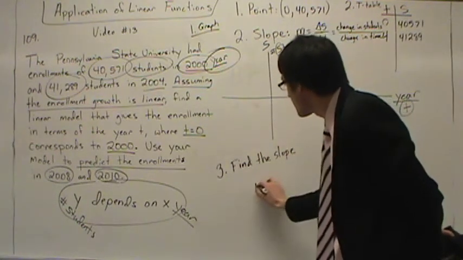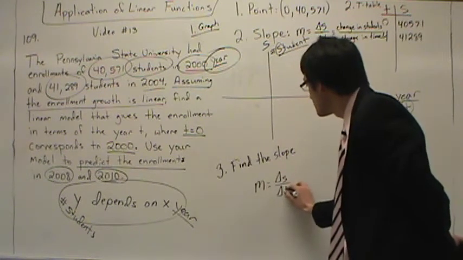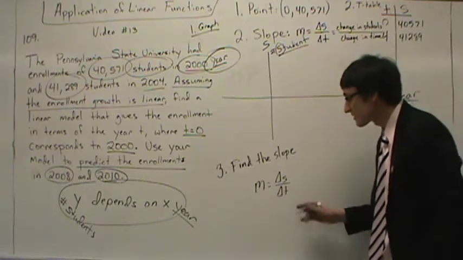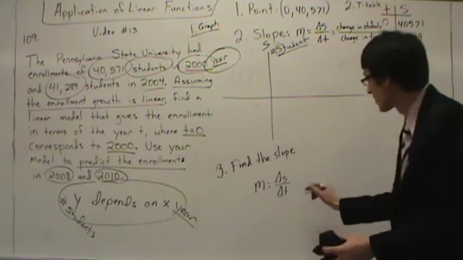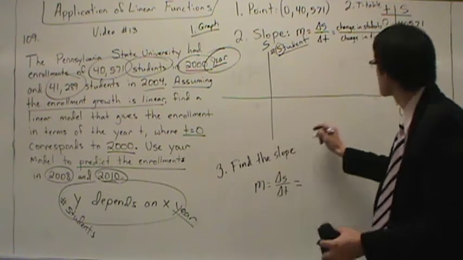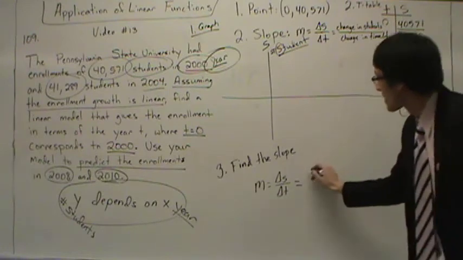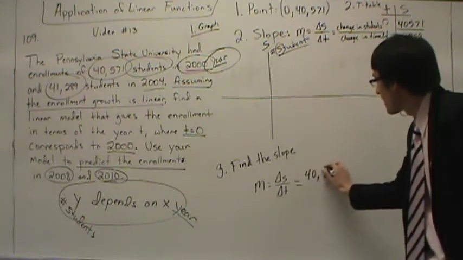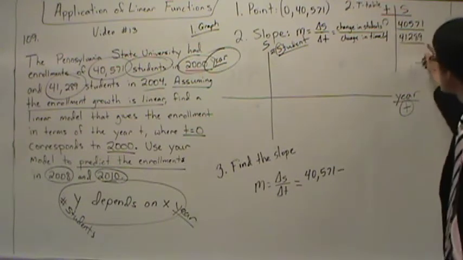So our slope is m equals delta s over delta t, or subtract the number of students, divide this by subtract the year. We're going to subtract students, starting with 40,571, subtract 41,289.